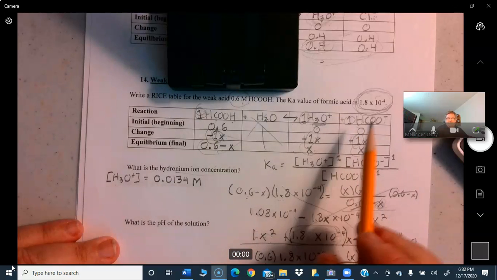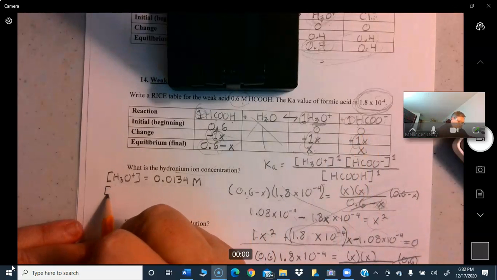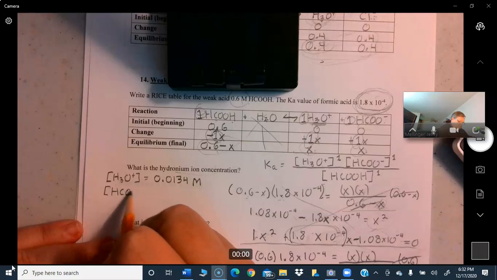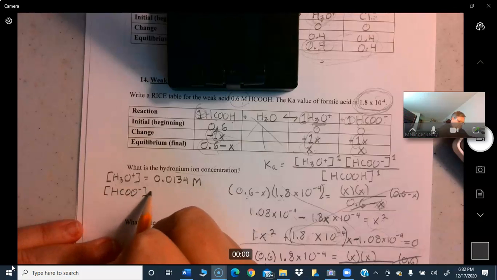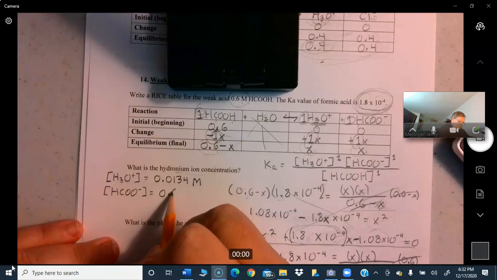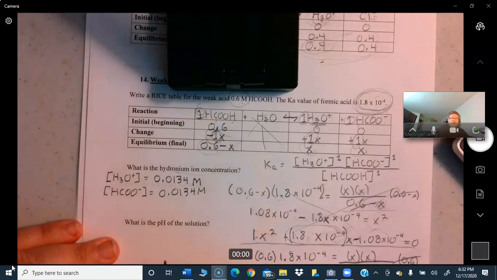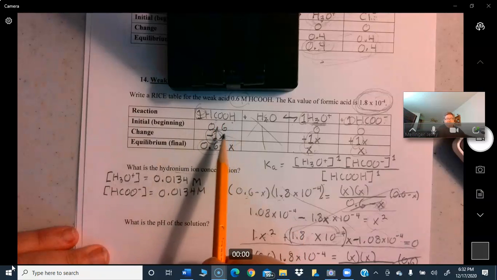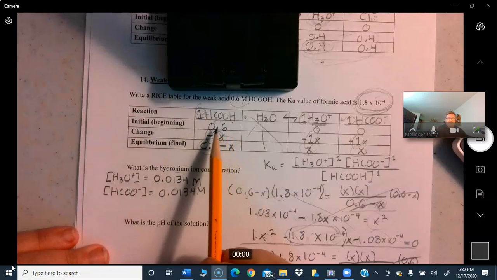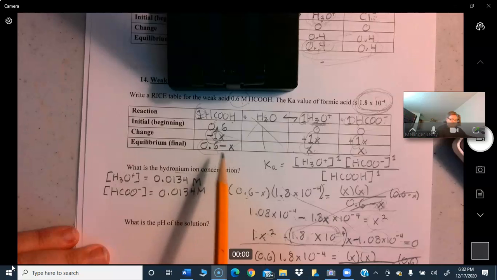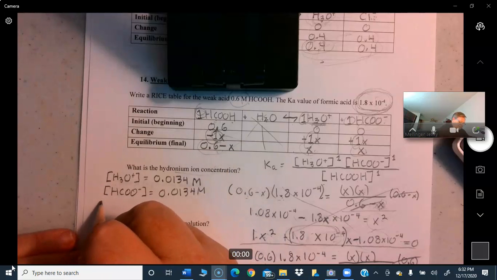It's the same for the formate ion right here. And let's go ahead and figure it out for the equilibrium concentration of formic acid. So it's 0.6. Let me write that way over here.